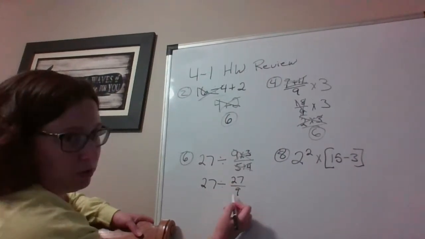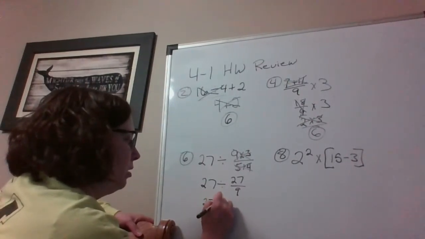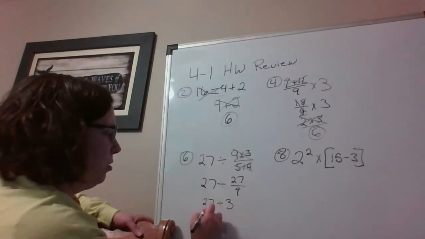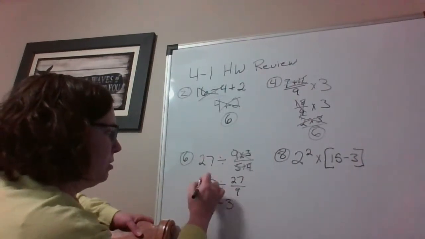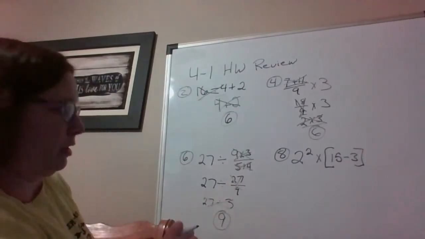We need to do this one. So this is still like a grouping here. So we are going to go ahead and do that. And now we can do this division and say that our final answer is 9.